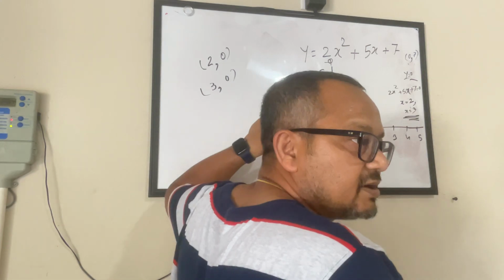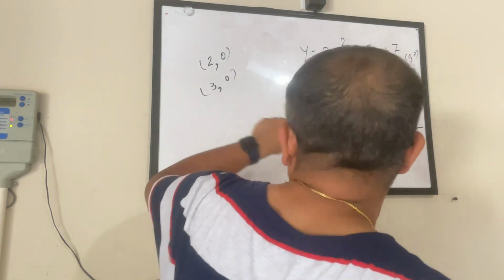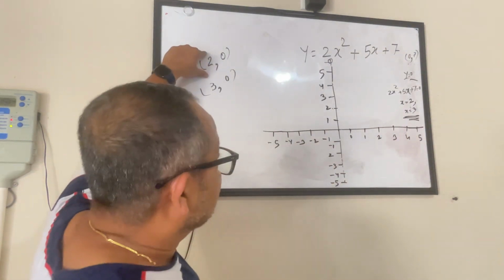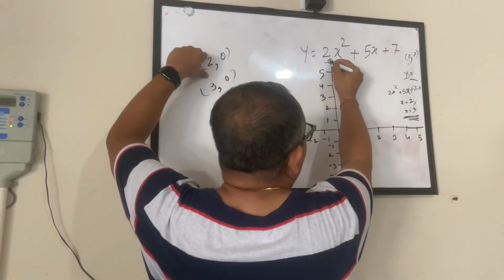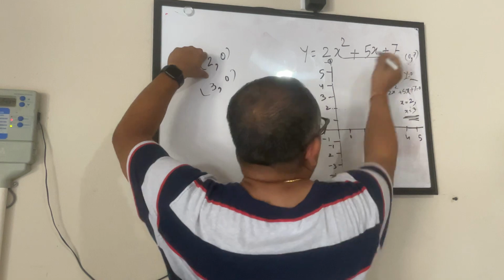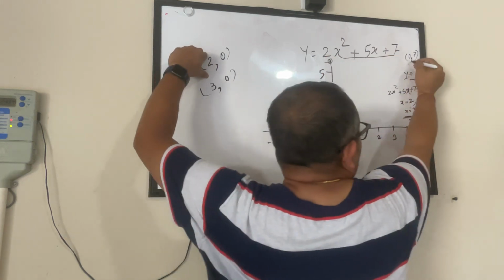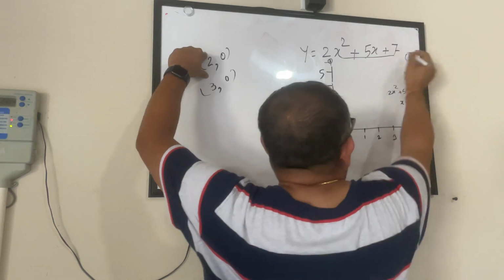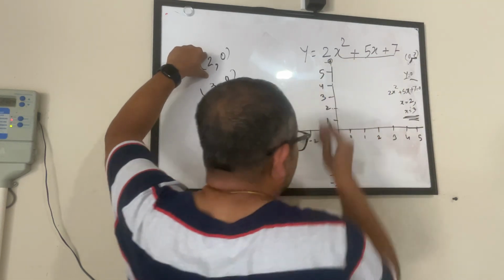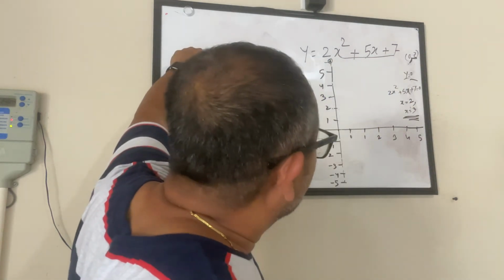Everybody with me? So now, the first point you found by putting x equals 0 in this equation, and you got the point 0 and 7. You put x as 0, and you got the value of y as 7. So this was 1 point. Now we are trying to find the other 2 points.